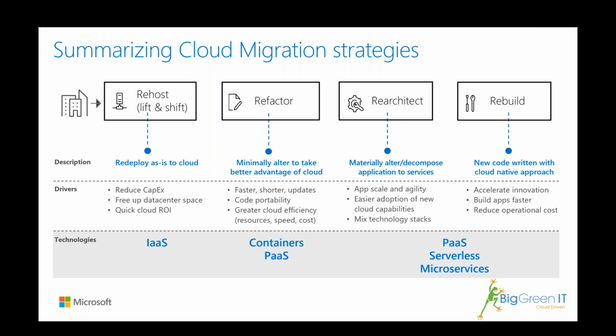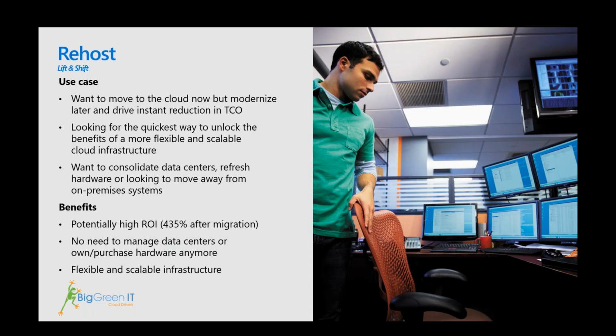Next, a little more details in each of these. Again, rehost, this is the lift and shift. This is where you really are moving to the cloud, not ready to modernize yet. But one of the triggers that Austin had listed up there is data center contracts expiring. We get a lot of migrations because somebody's with a data center, they've got all their VMs and storage in their data center, and they're looking to compare the cost of running it in Azure versus their existing data center.